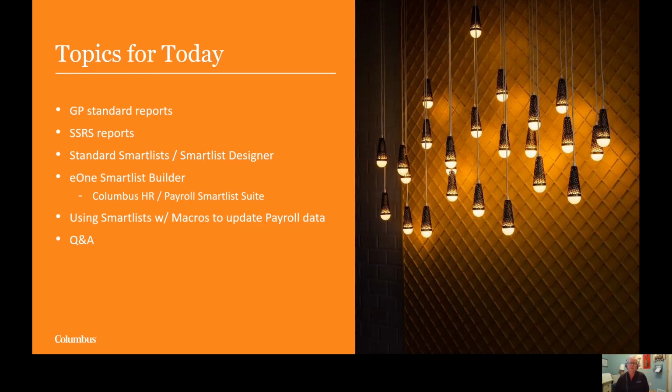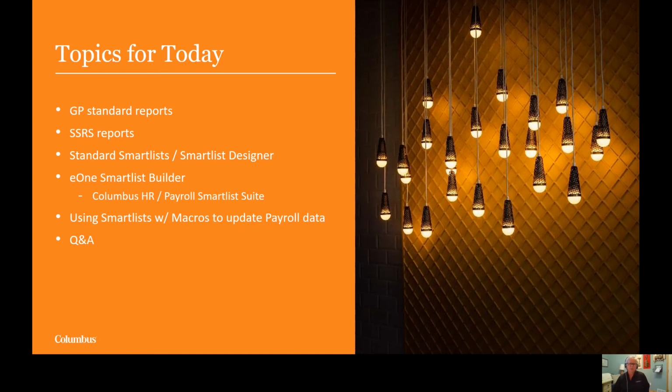But we're going to first of all just take a quick look at GP standard reports, talk about the pros and cons of each of these types of tools, the SSRS reports, the standard Smartlists, and which are built in Smartlist Designer. Talk a little bit about the E1 Smartlist Builder.